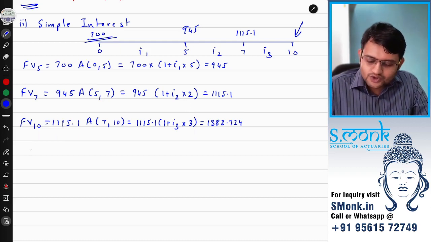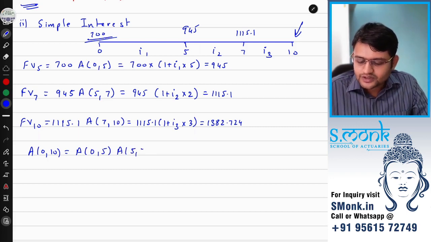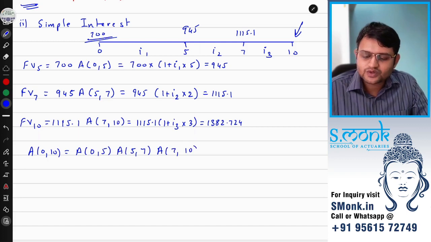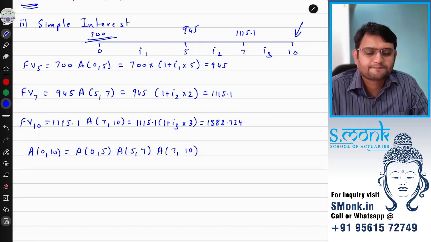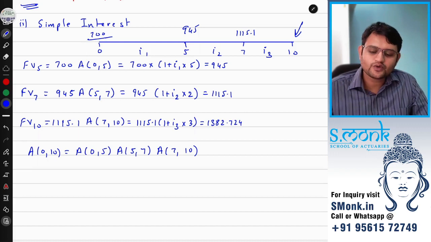So here also my accumulation factor from 0 to 10 is accumulation factor 0 to 5, into accumulation factor 5 to 7, into accumulation factor 7 to 10. In both the cases, this is how it will go.